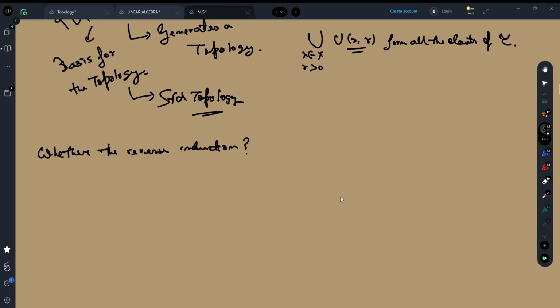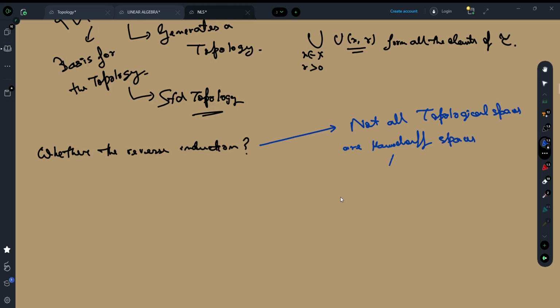Now obviously every topological structure cannot have a well-defined metric on it, and that is a matter for a very detailed course on topology. If I give a very brief hint, not all topological spaces are Hausdorff spaces. I won't discuss this in great detail. What are Hausdorff spaces?